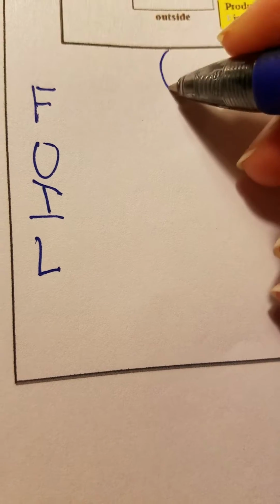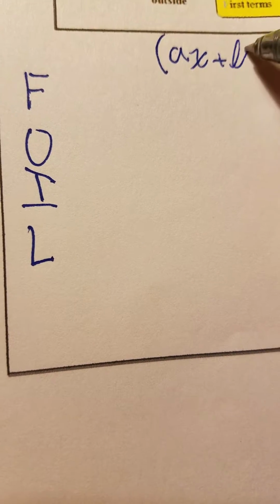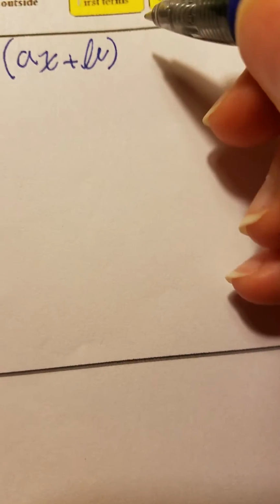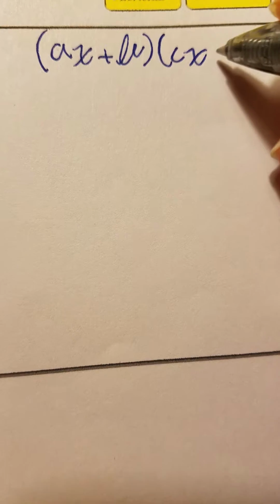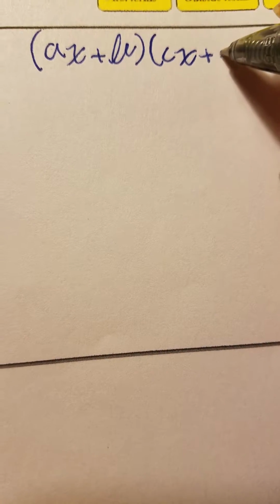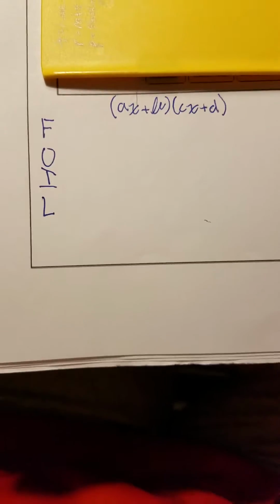Here is the usual, they say AX plus B times CX plus D. Okay. Now I can just do this.